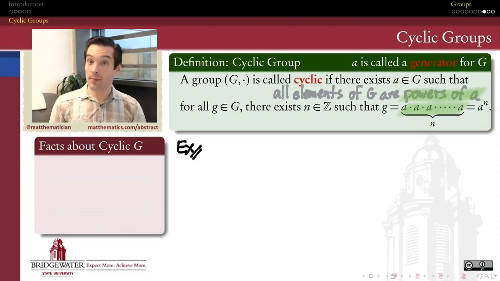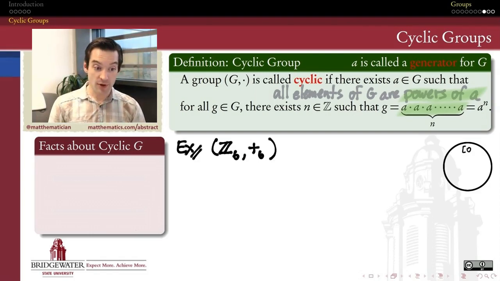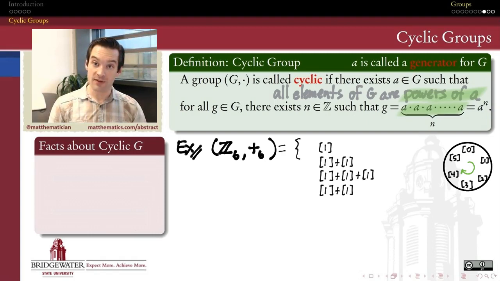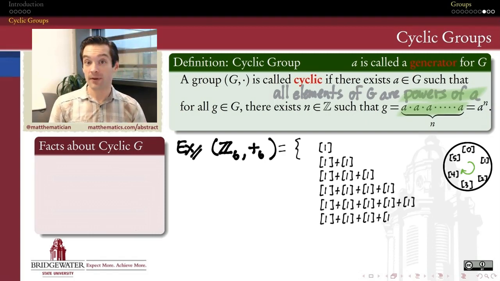And we've seen some examples of cyclic groups. In the introduction, we mentioned that addition modulo n is a perfect model for a cyclic group. So, for example, addition modulo 6 of residue classes of integers mod 6 is a good example of a cyclic group. An example of a generator for this group would be the element 1, or the equivalence class of 1 mod 6.